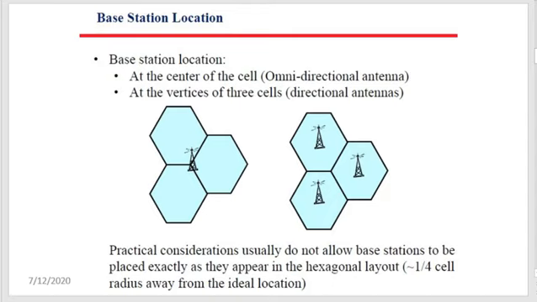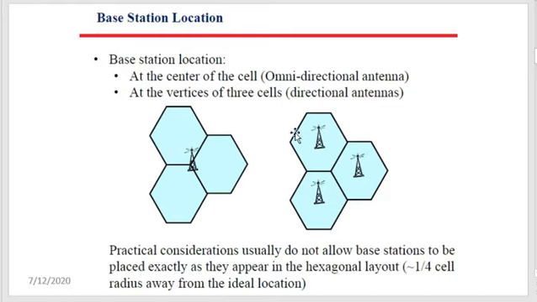Now you see here, omnidirectional means the antenna will be transmitting in all 360 degrees, and whenever I say directional antenna, it will transmit the signal in a particular direction.